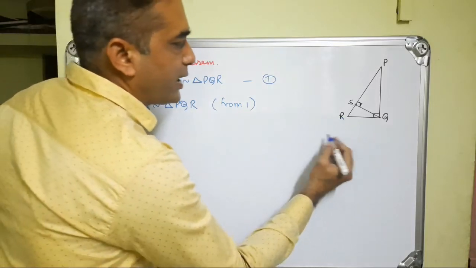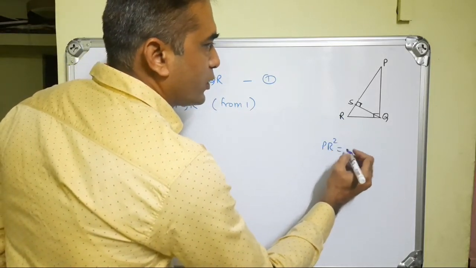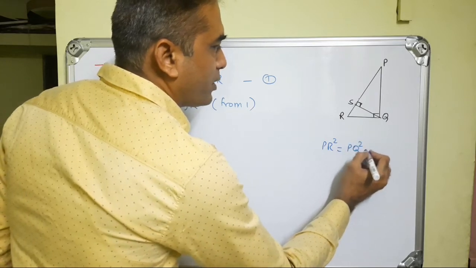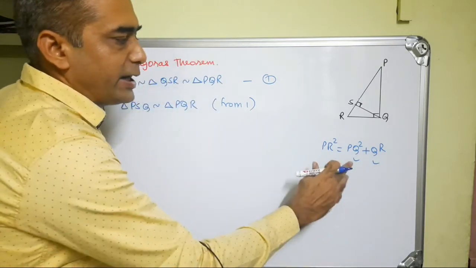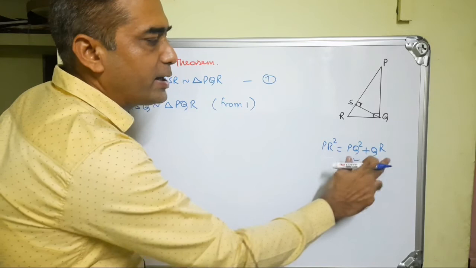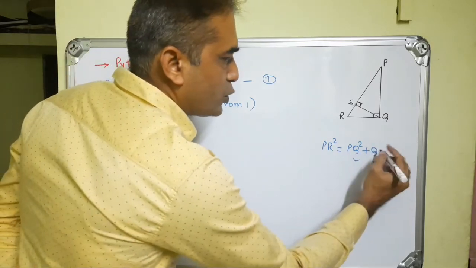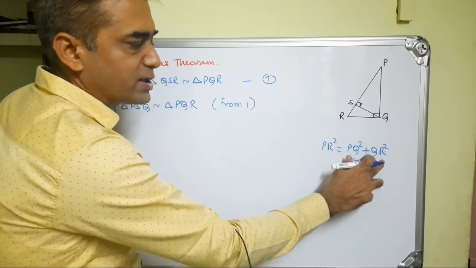We have to prove that PR square equals PQ square plus QR square. So first we will find PQ square, then we will find QR square.